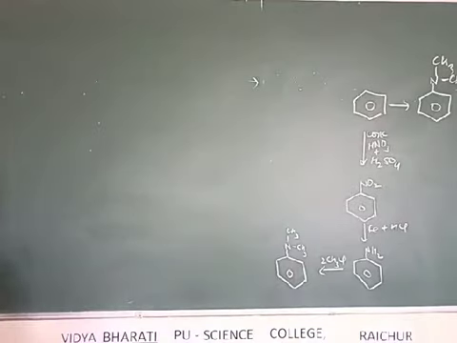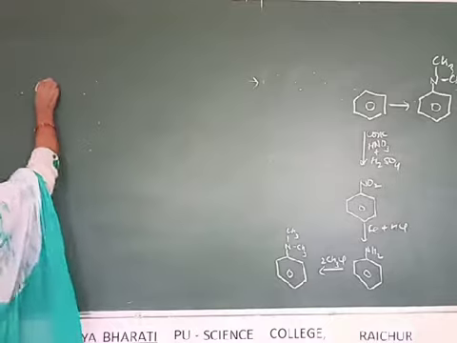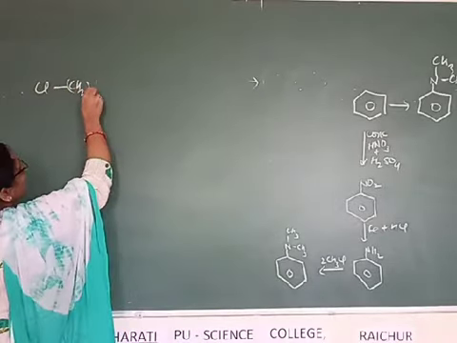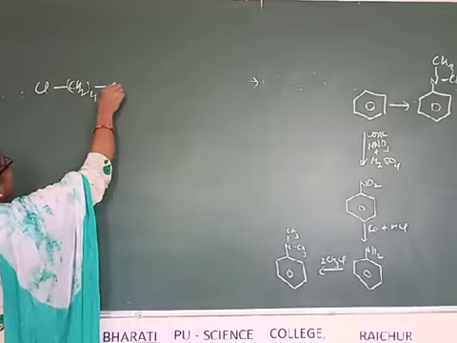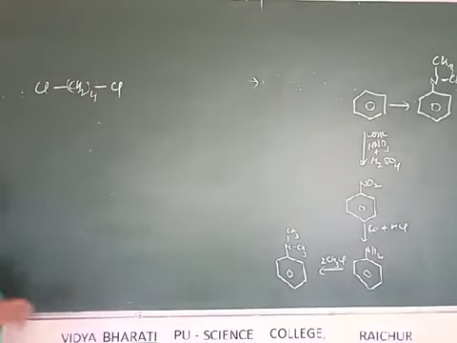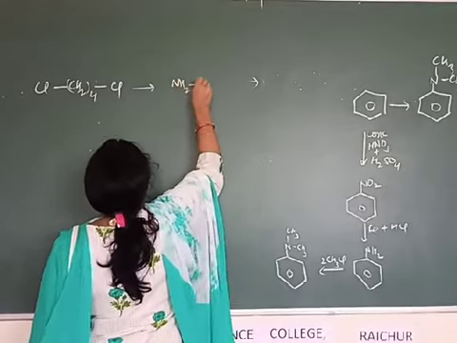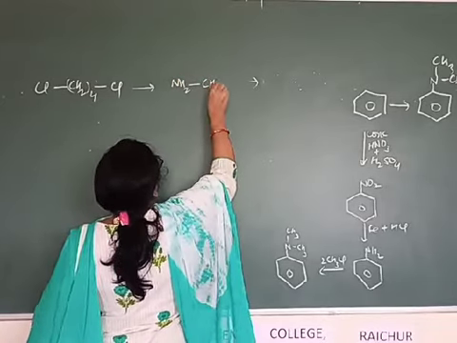And the last one is that you have been given 1,4-dichlorobutane and you have to convert it into hexane-1,6-diamine.